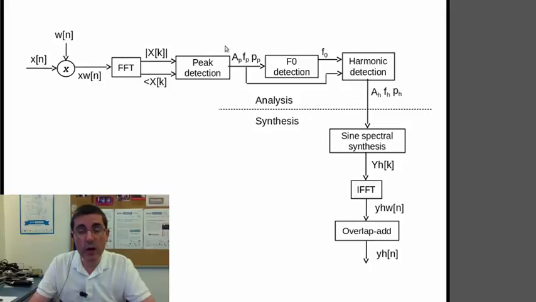And these two blocks are the ones that are specific for the harmonic model. The first one is the F0 detection. From the peaks, it identifies the best fundamental frequency, and then it tries to find the harmonics based on that fundamental frequency. And this is what we'll be talking about today.